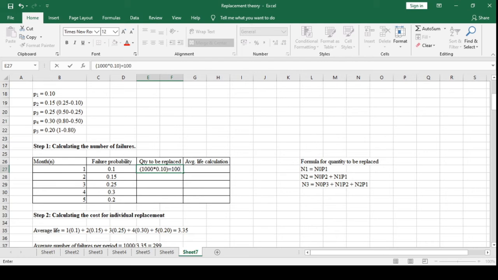Similarly, we will calculate the quantity to be replaced for each and every month, and for that we have the formula with us. So for n2, what is the formula?